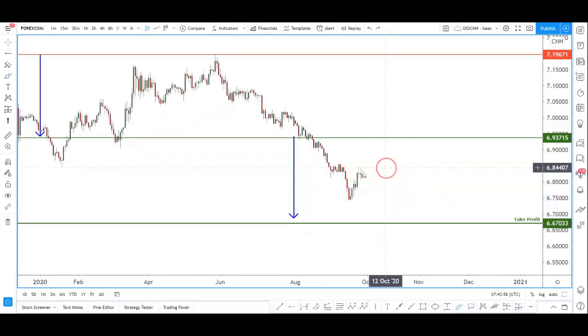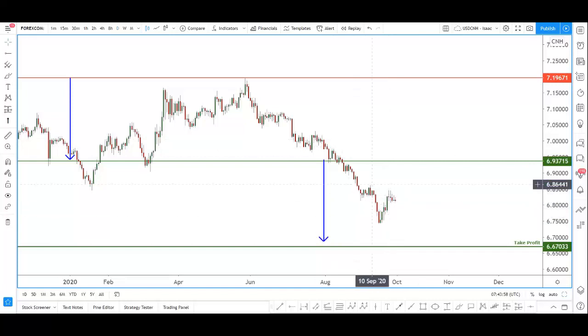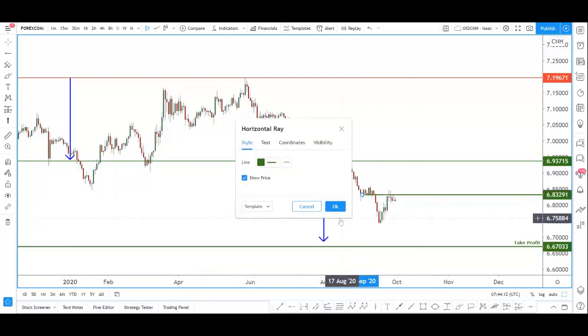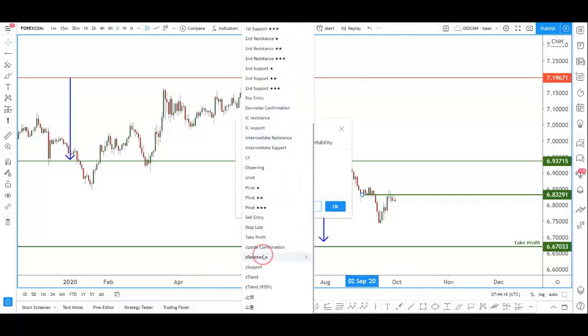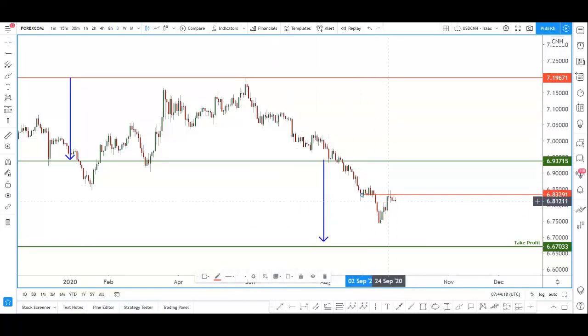Looking at the chart here, we see price going sideways, consolidating before breaking out to the downside and pulling back, and then we have this quick rejection of this area. So graphically speaking, we can put a resistance level at this point. This is a very strong support turn resistance.